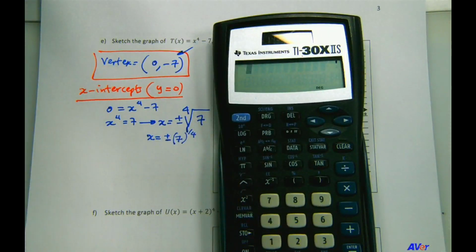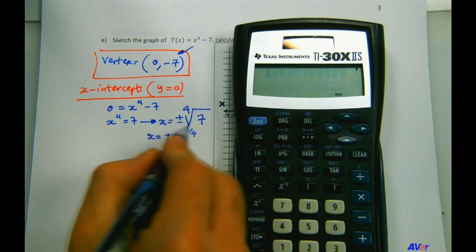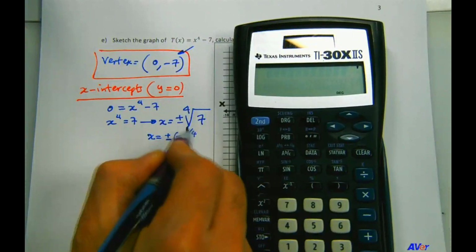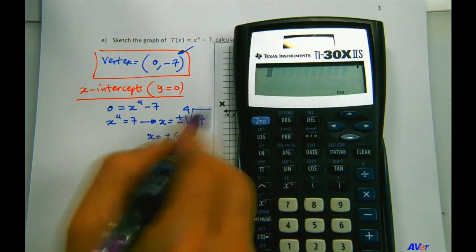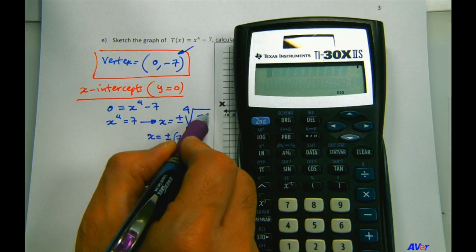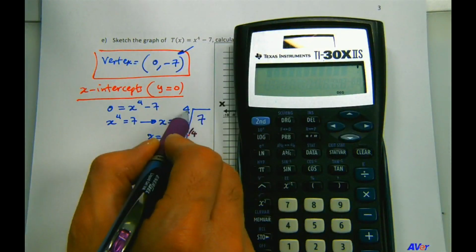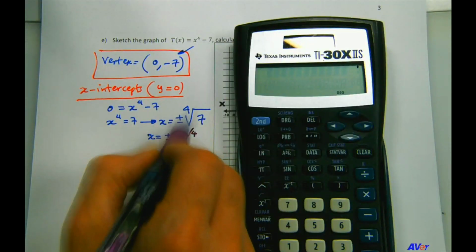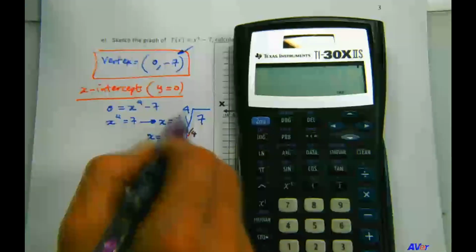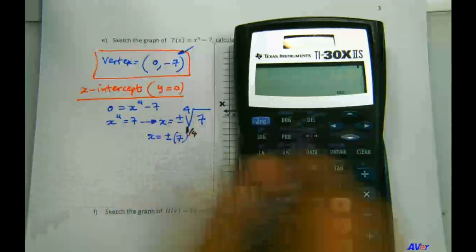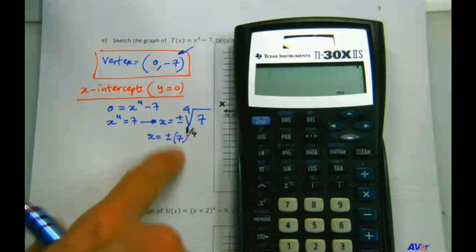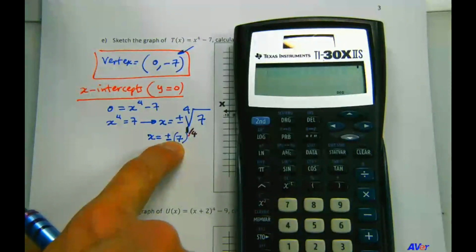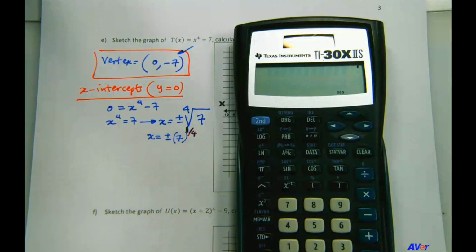I hope that is clear there on the screen. This is 1 over 4 power. 1 being the power of 7 on the inside, and 4 being the index of the root. So when I calculate it, I'm going to say 7 raised to 1/4 power. It's the same thing as taking the 4th root of that. Okay?